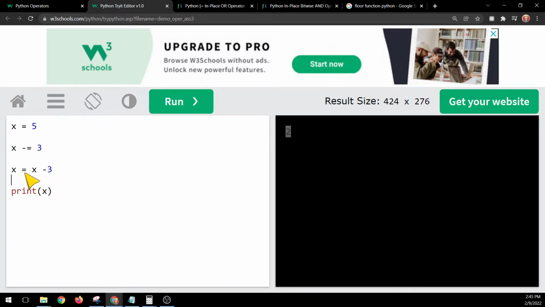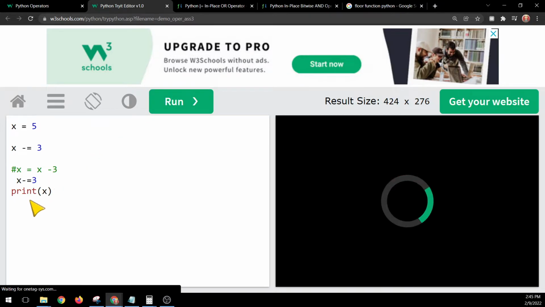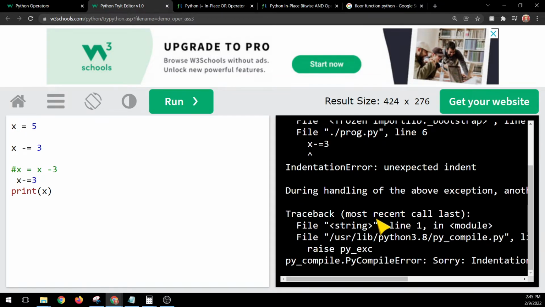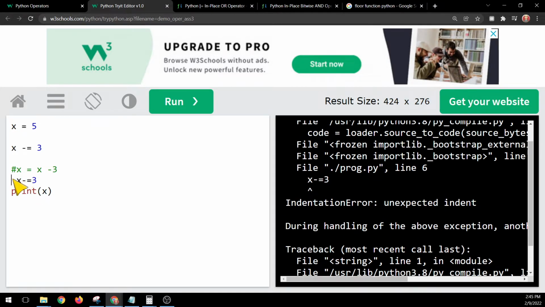So type it out just to practice this. So x minus equals 3. You should end up with minus 1. Oh no, let's see here. Indentation error. Oh, whoops.